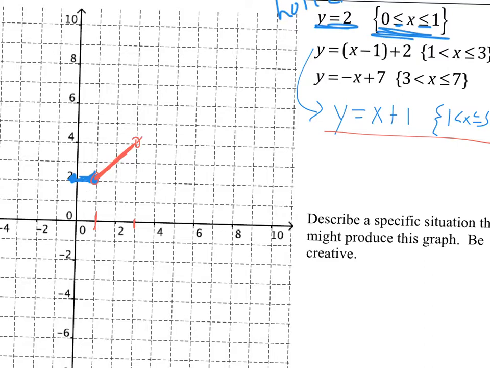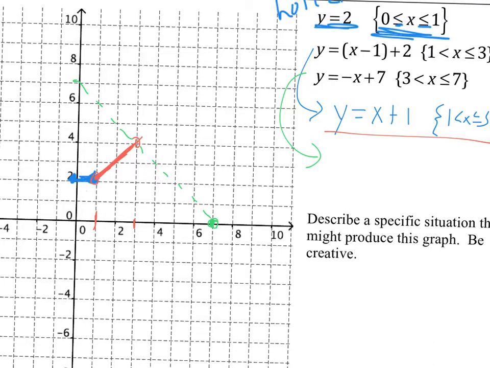Okay, and finally, we're looking at our last equation, y is equal to negative x plus 7. I'm going to, again, start that as though I were graphing the whole thing, so plus 7. And then negative x is a negative 1 slope. Oh, look, it happens to connect really nicely. And at 7, I might as well stop there. I happen to hit the x-axis.